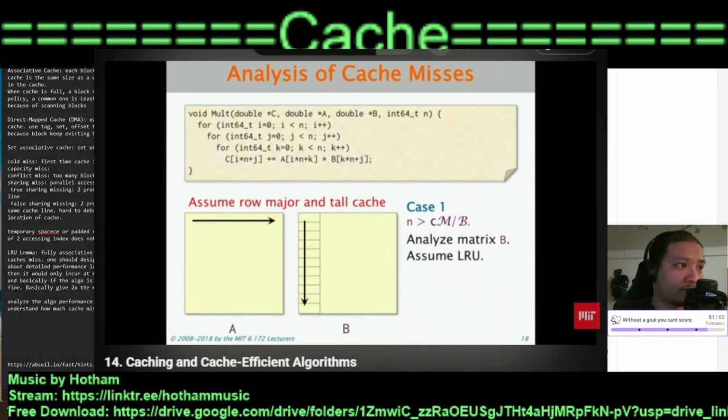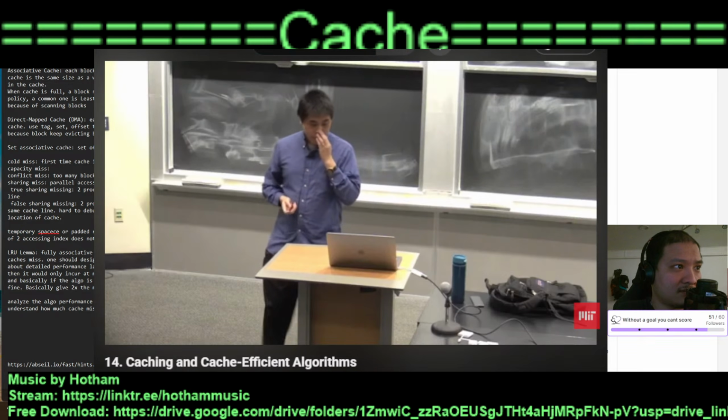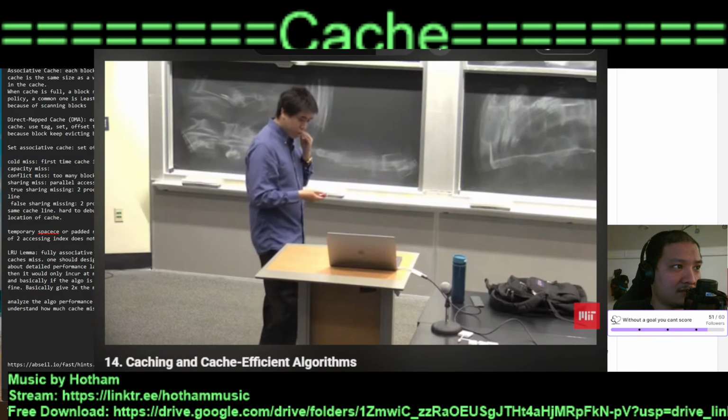So how many cache misses do I have the first time I go down a column of B? How many rows of B do I have? N. And how many cache misses do I need for each row? 1. So in total, I'm going to need n cache misses for the first column of B.